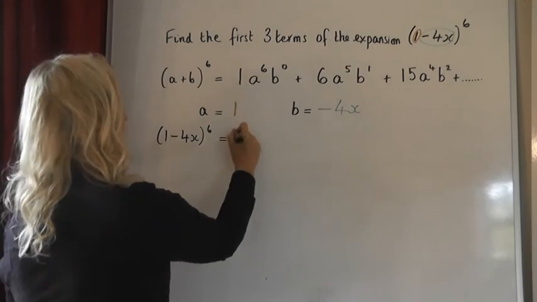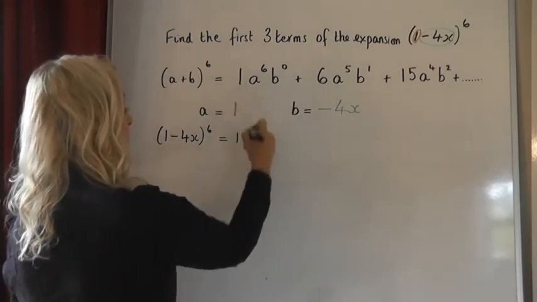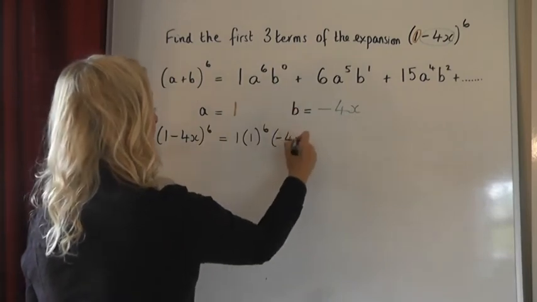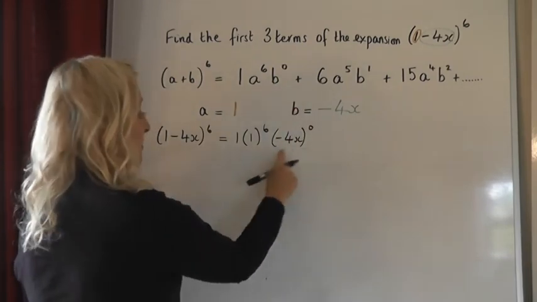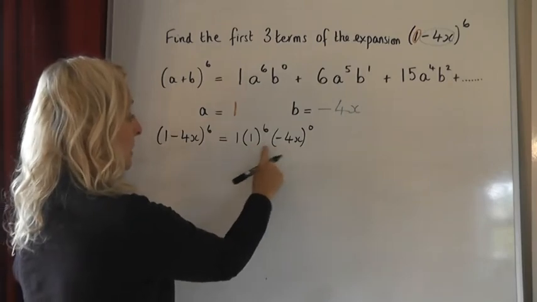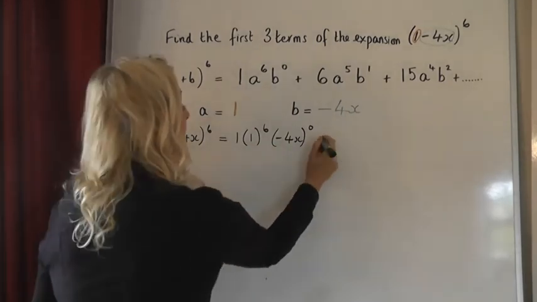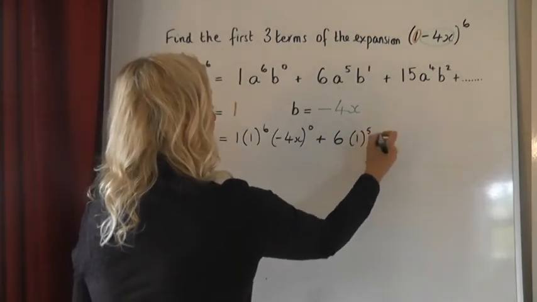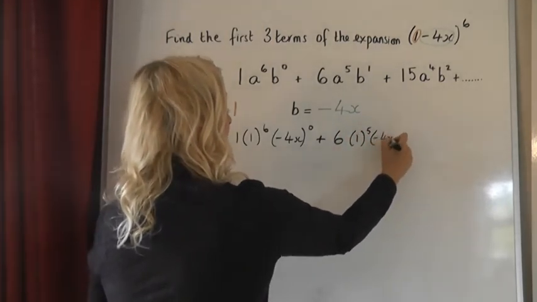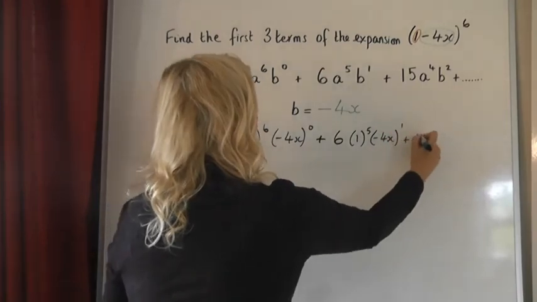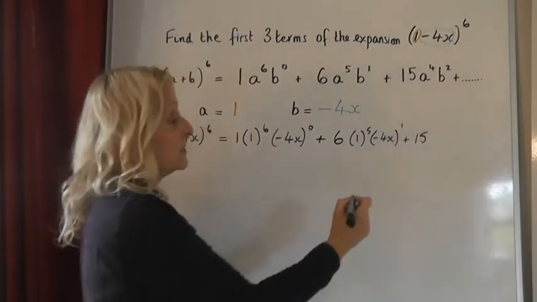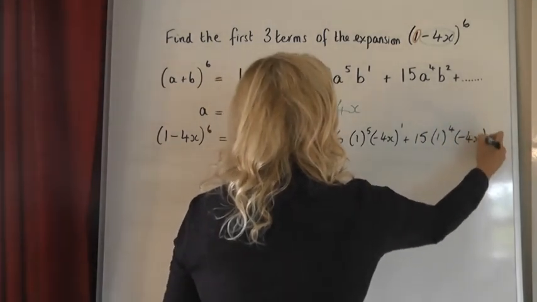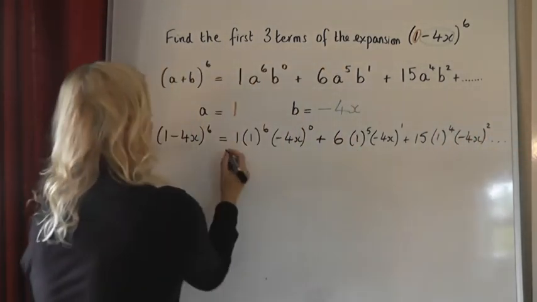So I've got 1 multiplied by 1 to the power 6, and then I've got b to the power 0. So my first term is the product, the multiplication of those 3 elements. The second term is 6 multiplied by 1 to the 5 multiplied by minus 4x to the power 1. And my third term, 15, 1 to the power 4, minus 4x to the power 2.